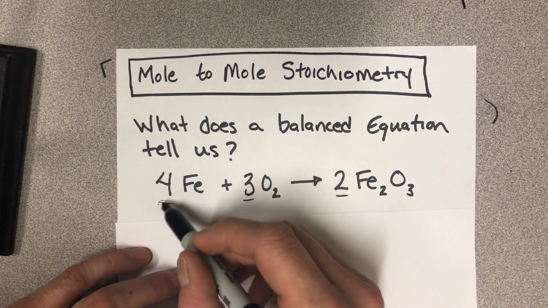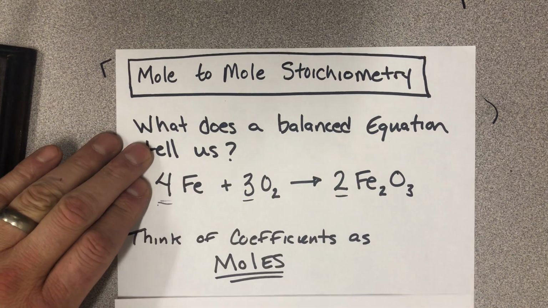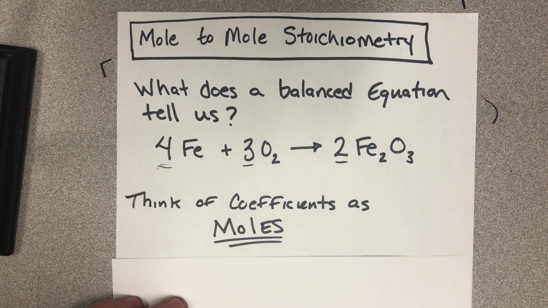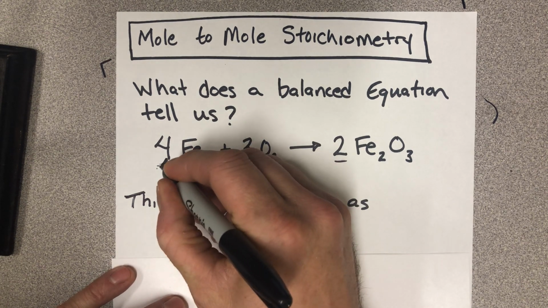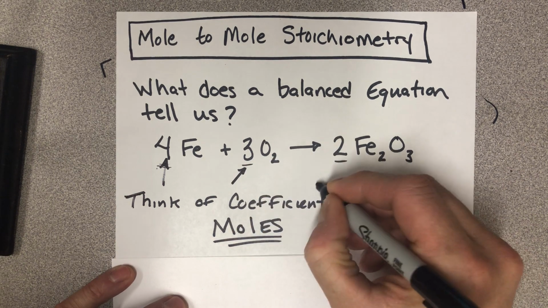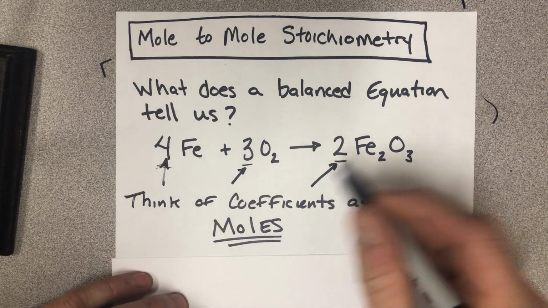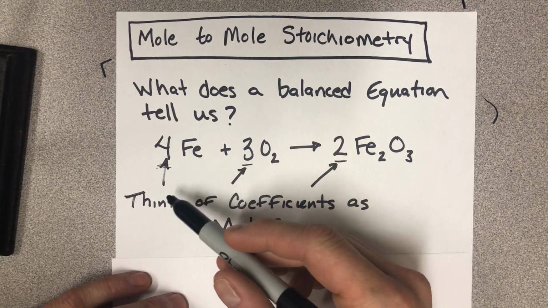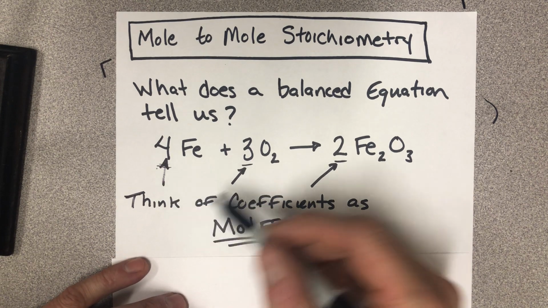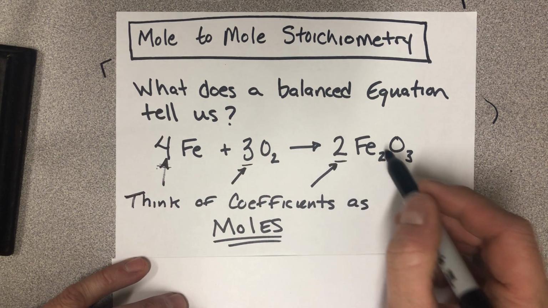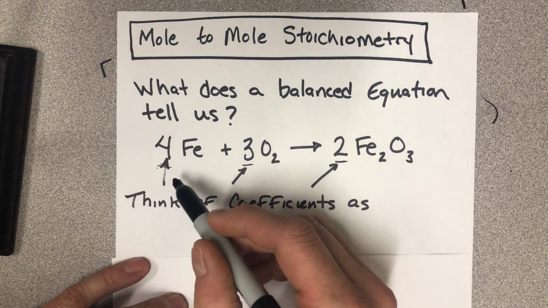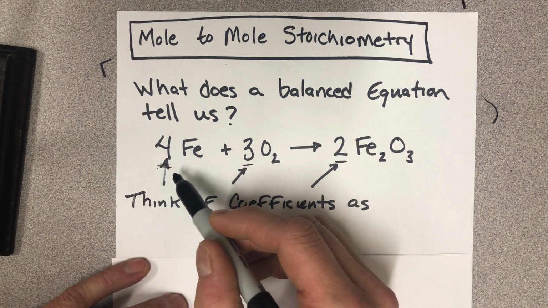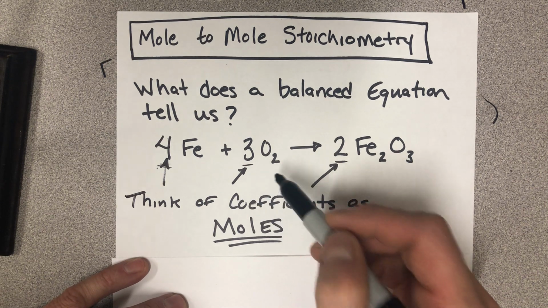So what we want to do now with these coefficients is think of them as a number of moles. So that's 4 moles, 3 moles, and 2 moles here. And what this reaction tells us now is basically that to make 2 moles of iron 3 oxide, it requires 4 moles of iron to react with 3 moles of oxygen gas.